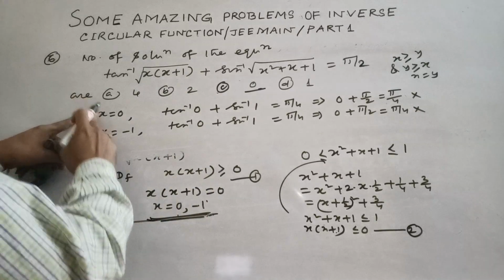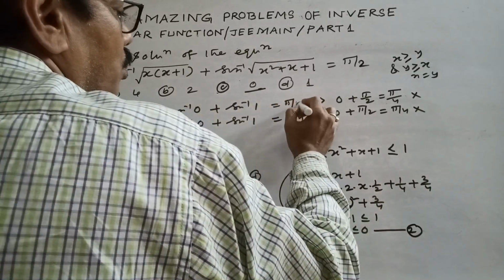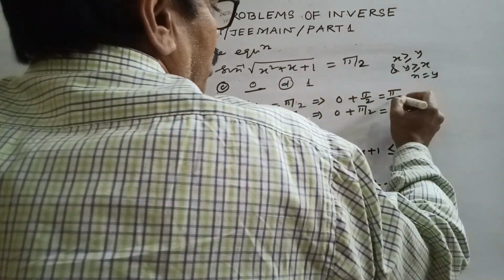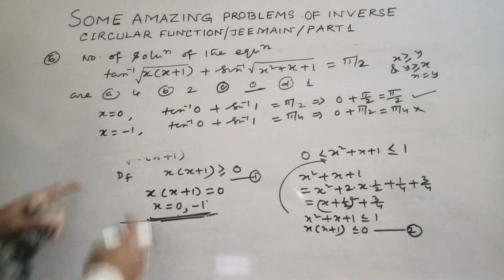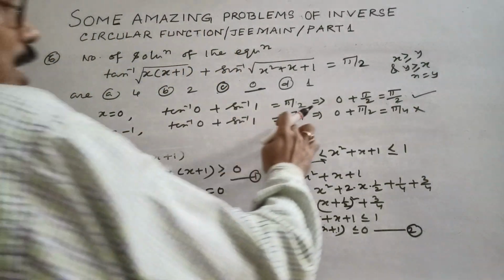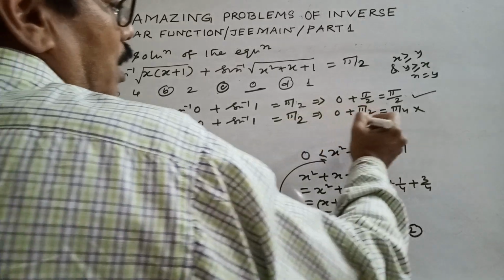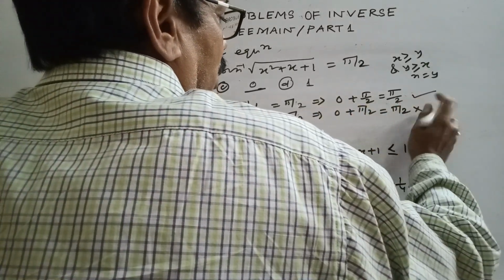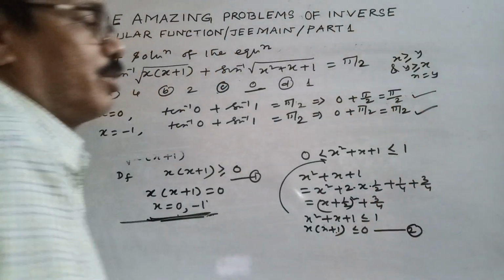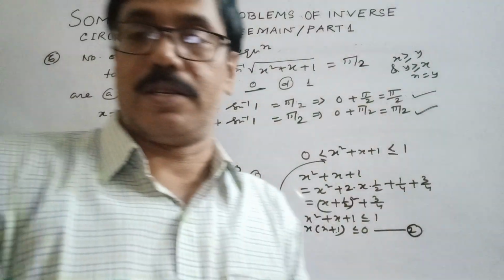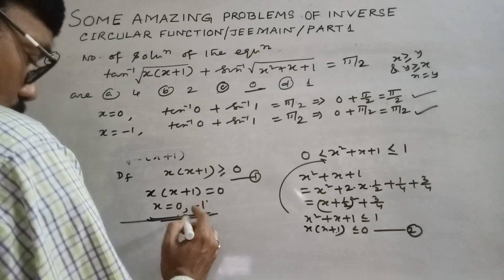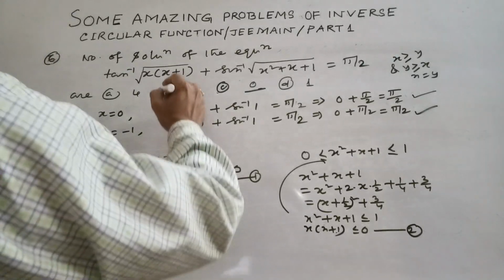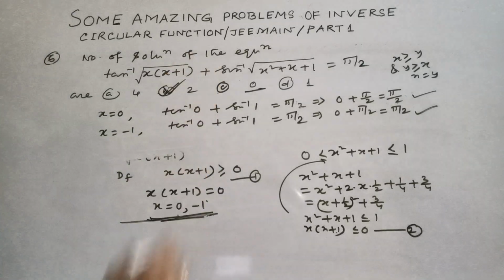Now if x equals 0, this is pi by 2, so pi by 2 equals pi by 2 is satisfied. If it is minus 1, the right hand side is pi by 2, so pi by 2 equals pi by 2. It is also satisfied. So 0 and minus 1 are solutions. So how many solutions? 2. So the answer will be 2.